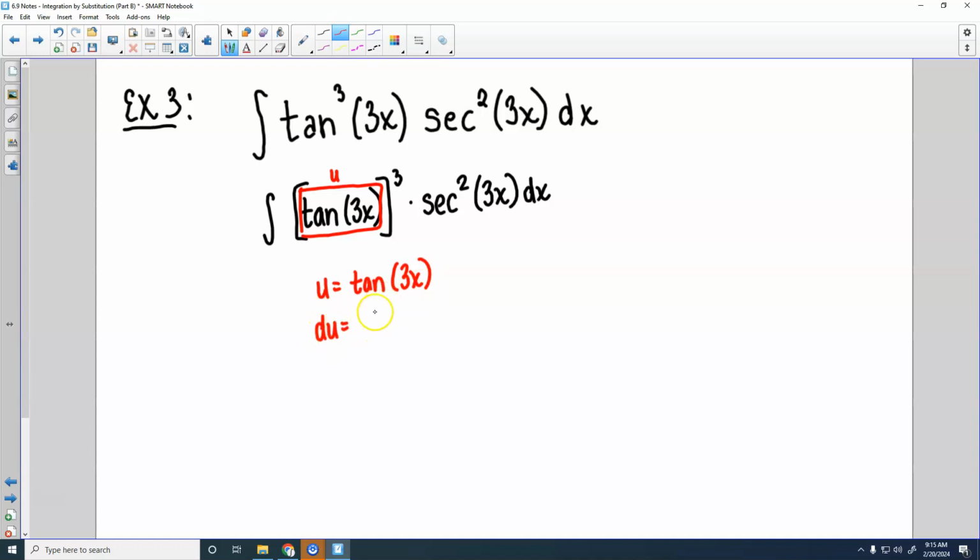Du is secant squared 3x times what? Times 3, because you have to use a chain rule there, and then we'll have a dx beside it. Do I have what I need for my du? Need a 3, right?